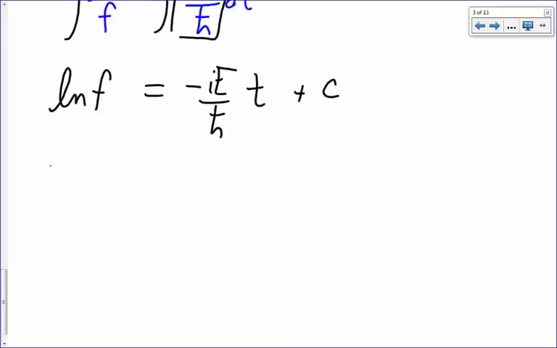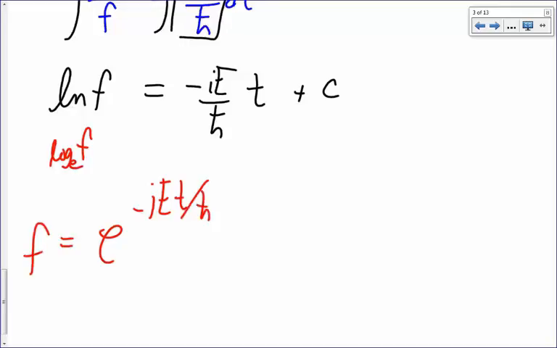So can I simplify this? I can say this is log to the base e, right? So e to the negative i Et over h bar is equal to f. Okay? Take the inverse log of both sides times e to the C. Now e to the C is just another constant.